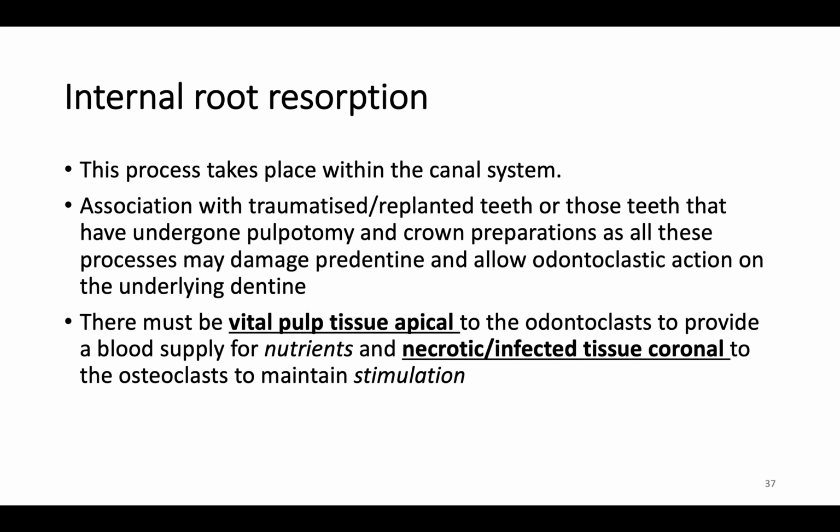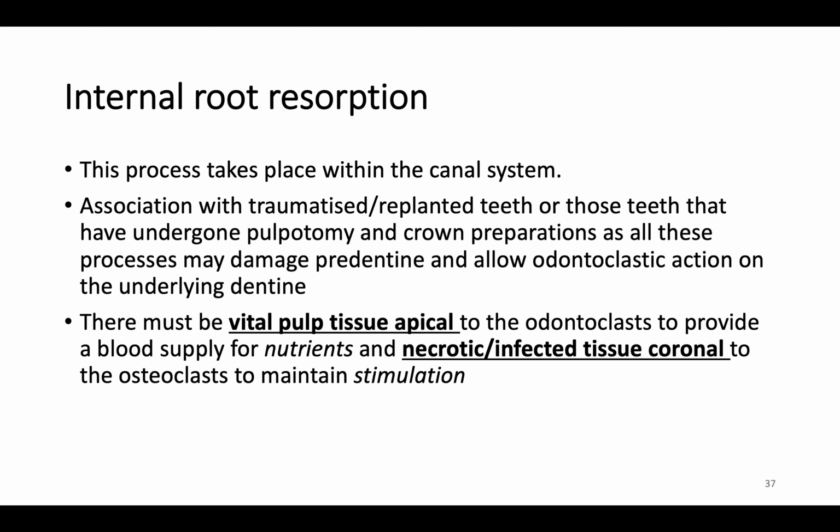It has been associated with trauma and replantation of the teeth that have undergone pulpotomy or crown preparation, which will result in predentine damage and will allow the odontoclast to resorb the dentine. So in order for the internal root resorption to take place, there should be damage to the predentine.